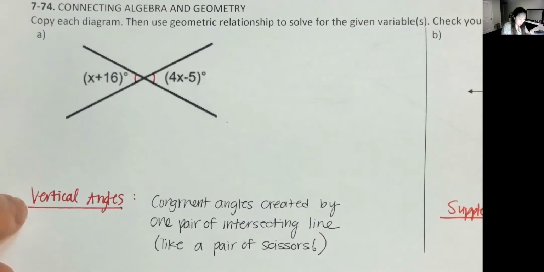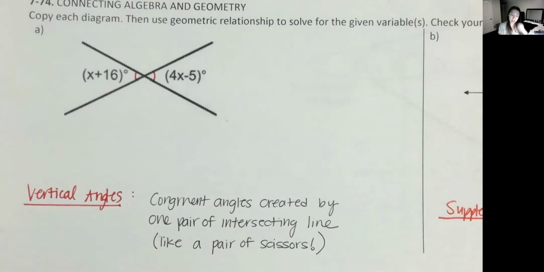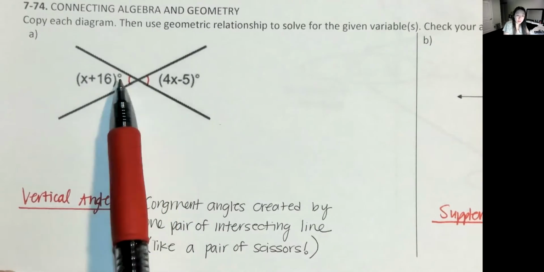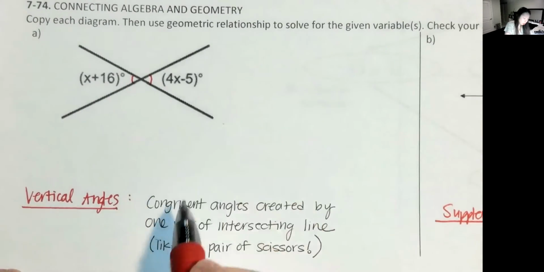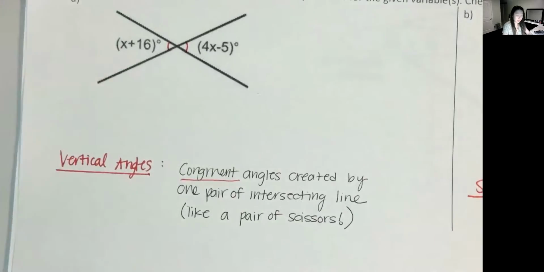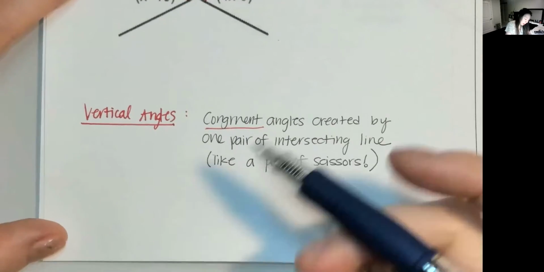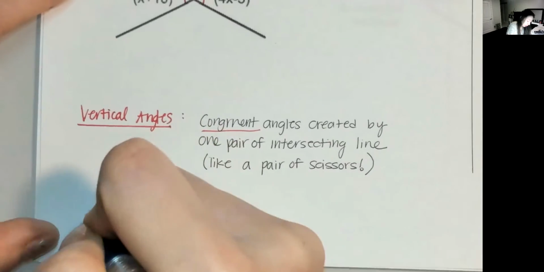Now, vertical angles, it says they are congruent angles created by a pair of intersecting lines. So two lines that are crossing, looking like a pair of scissors, and then the angles that are opposite to each other, those are called vertical angles, and they are always congruent. So here's an example. Those of you who want to take notes on your separate paper, you do want to know this for tomorrow.